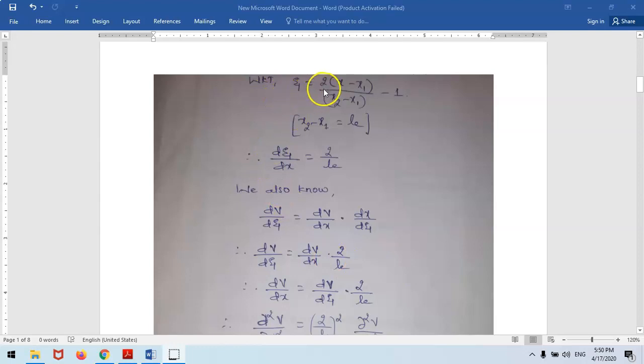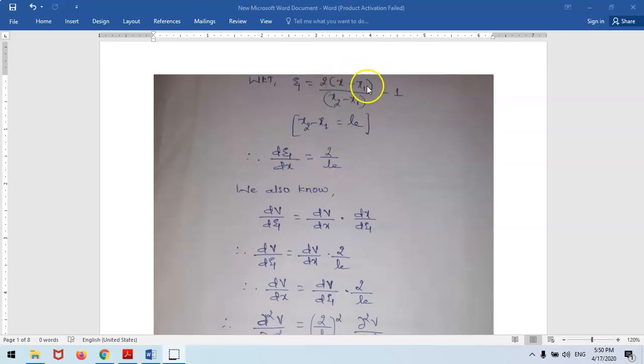We know that zeta is equal to 2 into (x minus x1) by (x2 minus x1), minus 1, is the formula. x2 minus x1 is nothing but the length of an element, LE. Now I am going to differentiate this zeta with respect to x. So d zeta by dx is equal to 2 by LE.